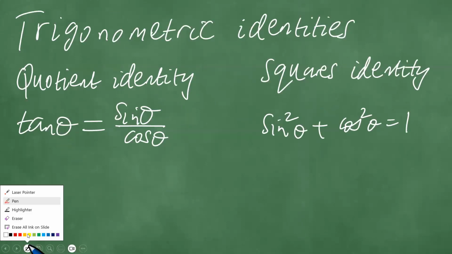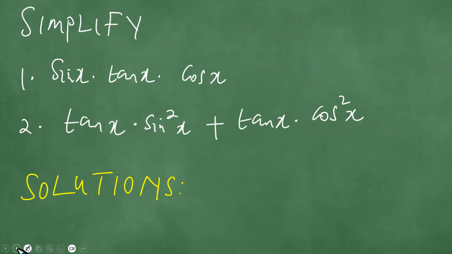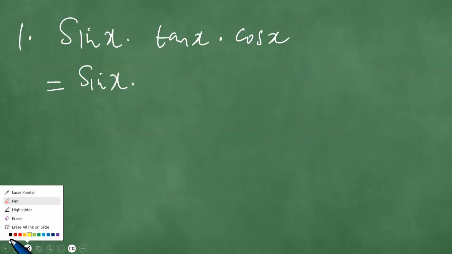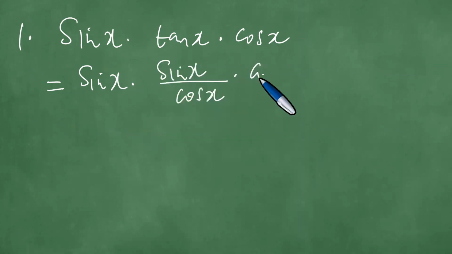The quotient identity tells us something important, that the tangent is the sine over the cosine of theta. So this is the sine of x over cosine x times cosine x.